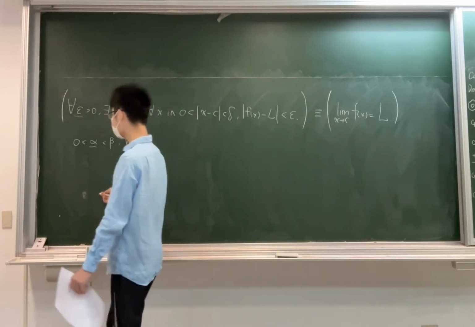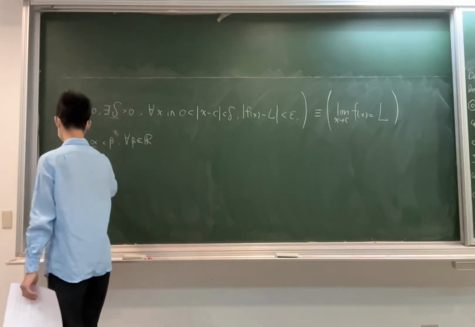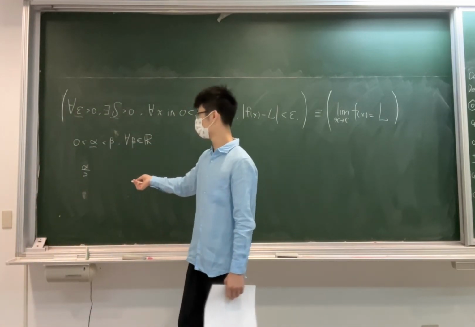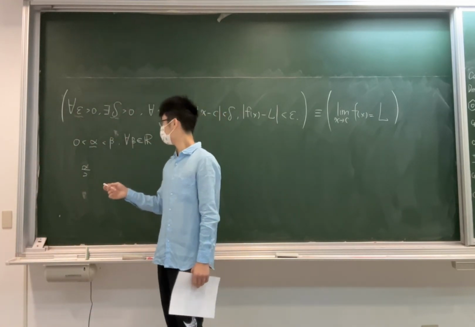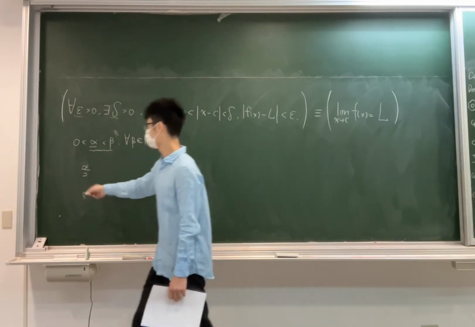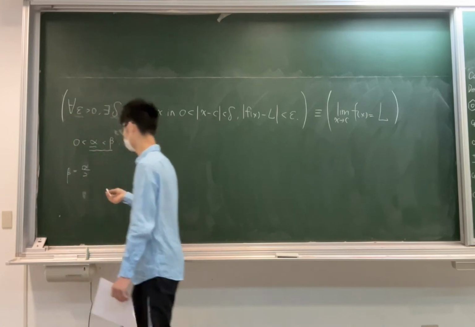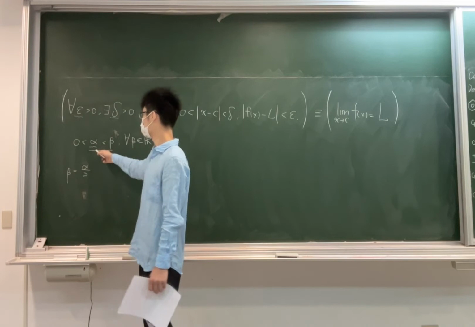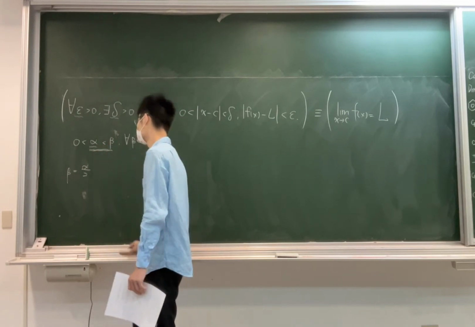Because if you take any other number, just like alpha over 2, alpha over 2 is less than alpha. It doesn't satisfy this inequality. If you take beta equal to alpha over 2, this inequality is not satisfied.